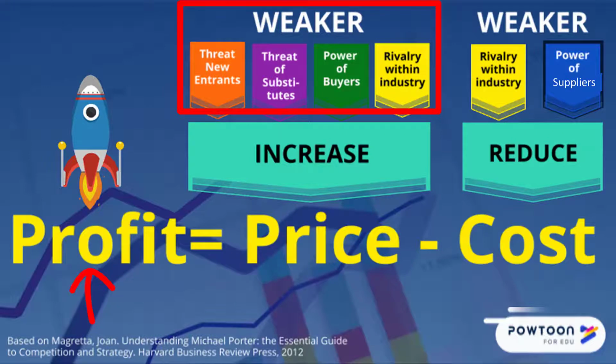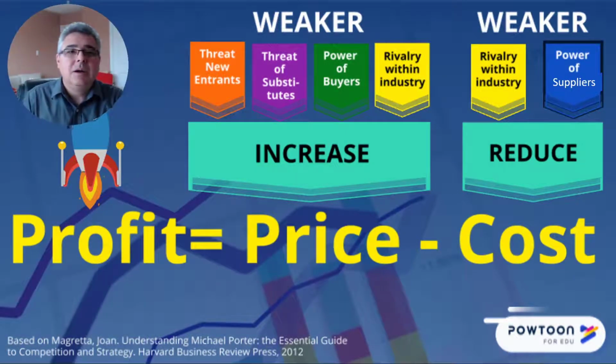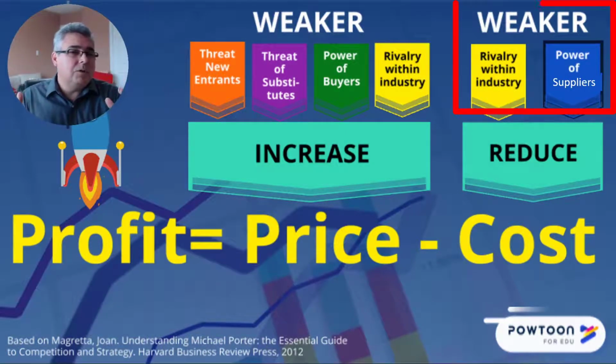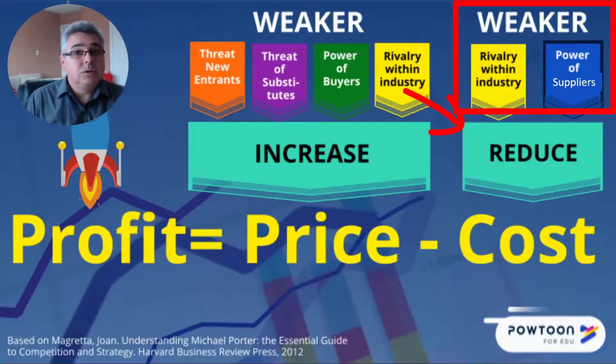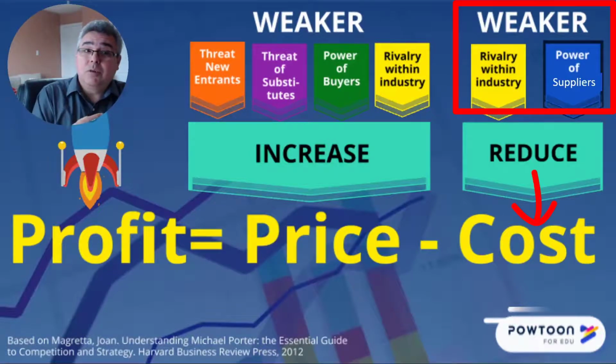The same thing if you think about weaker suppliers. You have several suppliers, so you are in a position of leverage against your suppliers. So you can force them to reduce the prices, the costs. And if you can reduce costs, you increase profit.